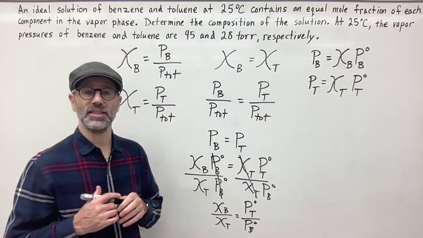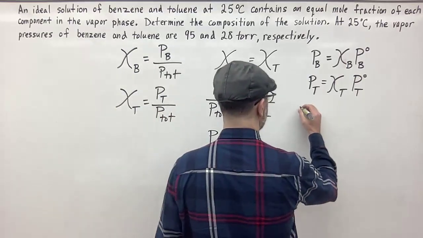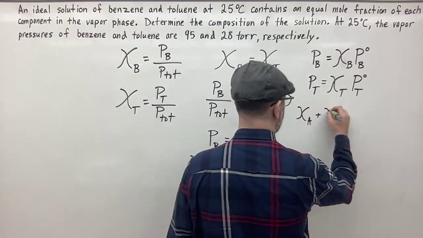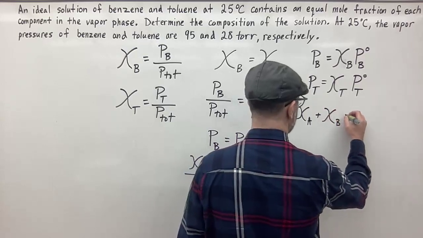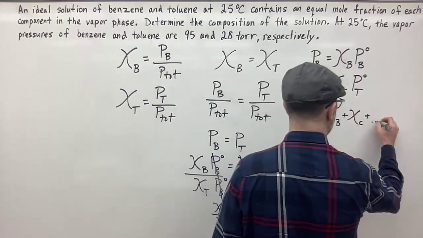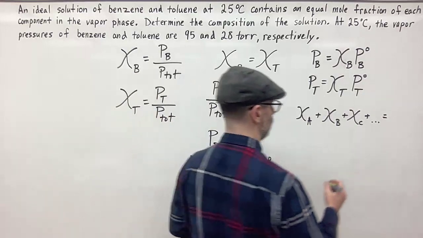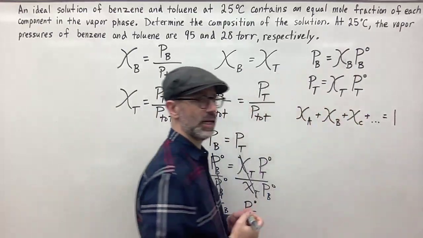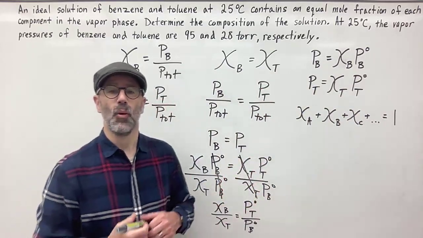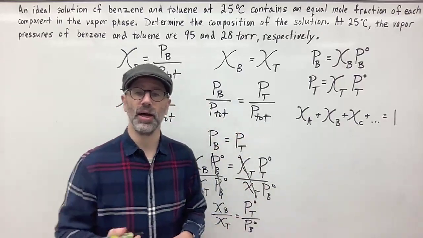Okay, so now that we have this, one thing we have to keep in mind is that the mole fractions of any substance add up to 1. The mole fraction of substance A plus the mole fraction of substance B plus the mole fraction of substance C and so on all add up to 1, in the same way that percentages add up to 100. Percentages come from fractions because a percentage is merely a fractional amount multiplied by 100.